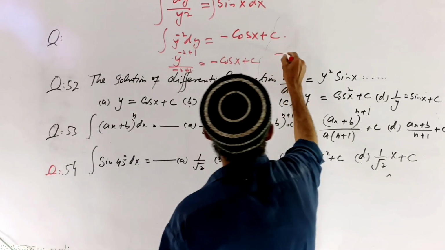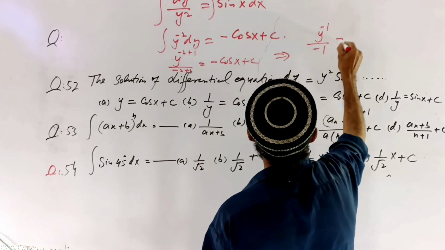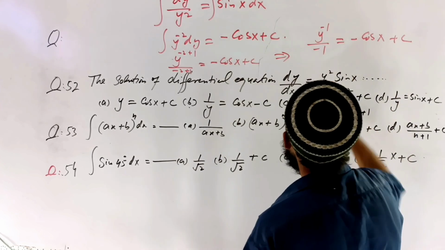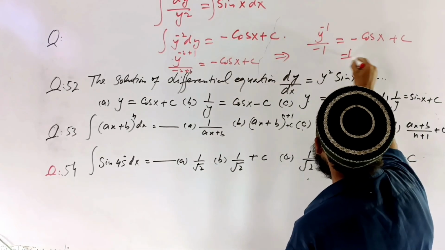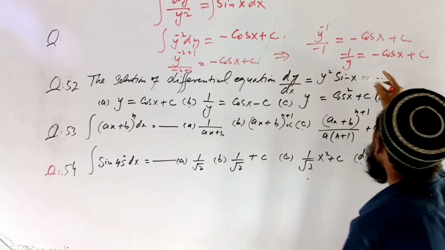If we simplify this, we get minus 1 over y is equal to minus cos x plus c.